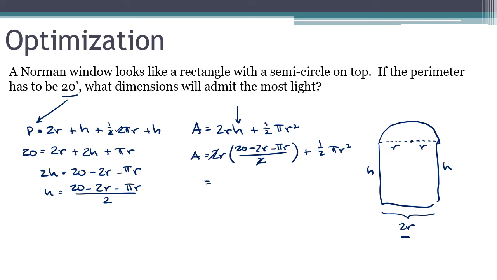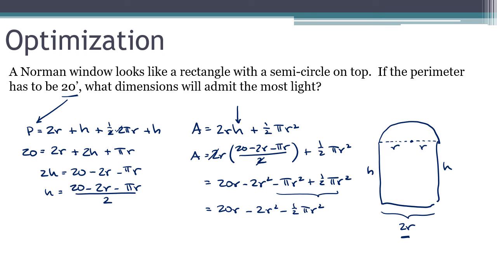Now let's distribute the r into there. 20r minus 2r squared minus pi r squared plus 1/2 pi r squared. And let's see, I can combine these two terms here, the pi r squared parts. This becomes 20r minus 2r squared minus 1/2 pi r squared.